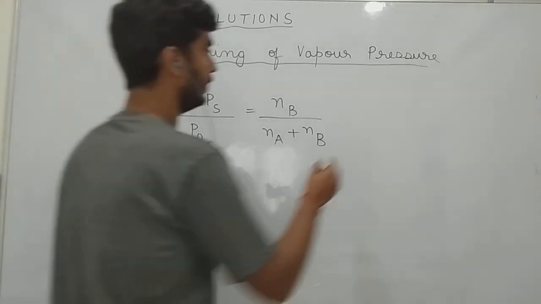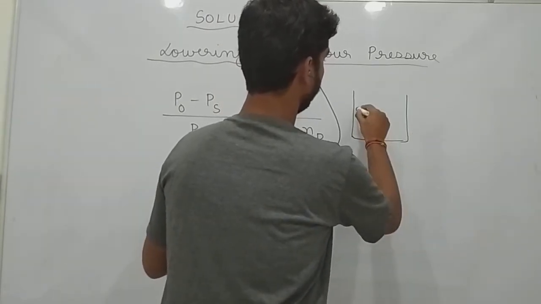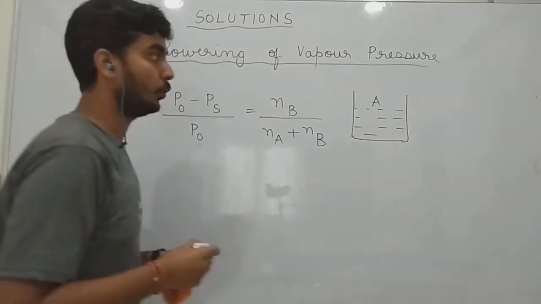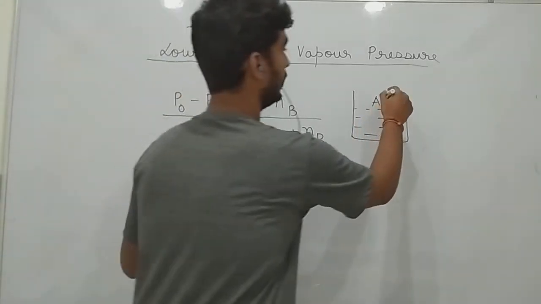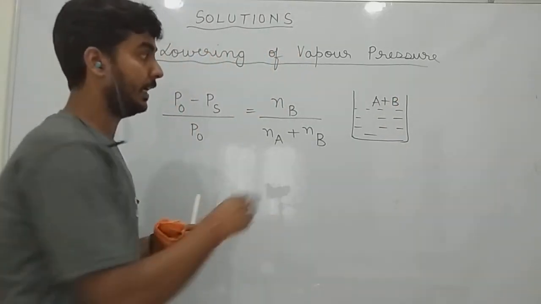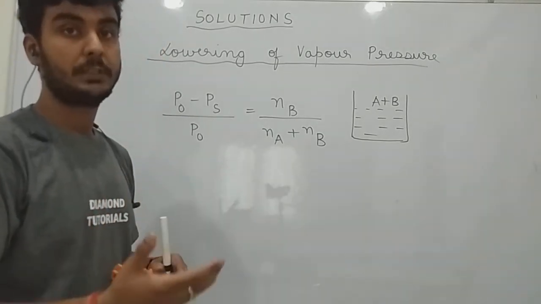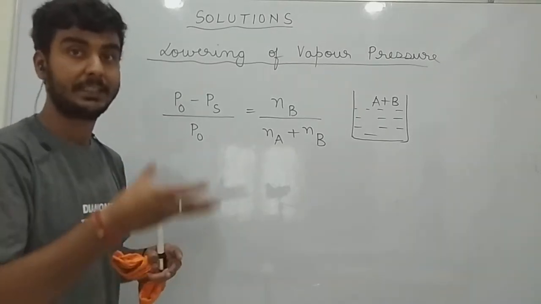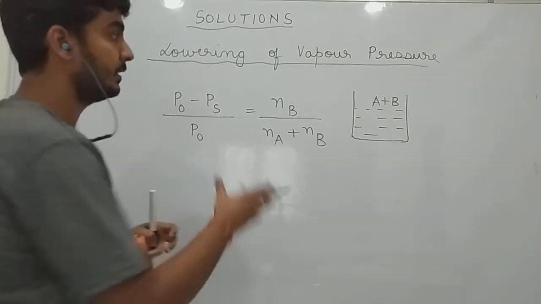In the previous class we were discussing that initially A was present alone, and you add some non-volatile solute to it, that is B, and the number of moles of A and B are Na and Nb. Now what happens? The vapor pressure of this solution is less as compared to the vapor pressure of pure solvent, that is A. So how much reduction in vapor pressure takes place is given by this formula.